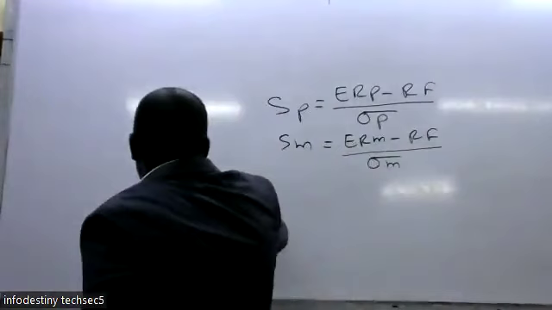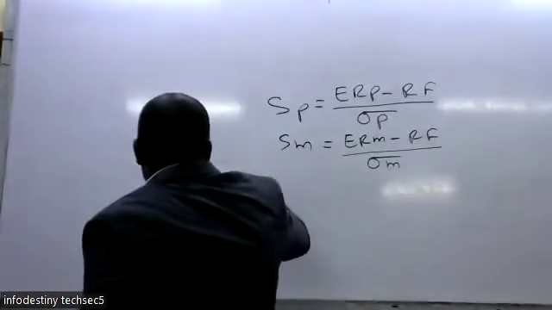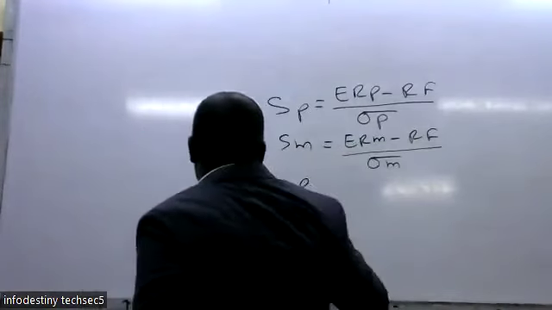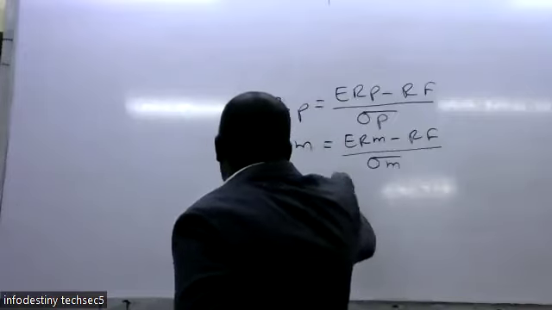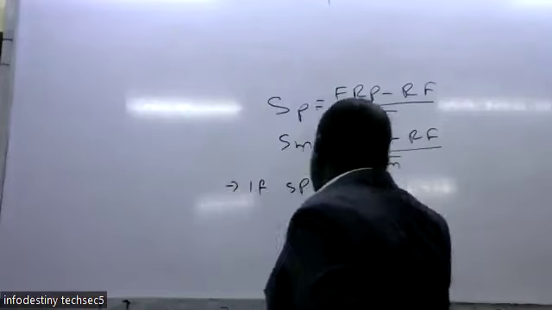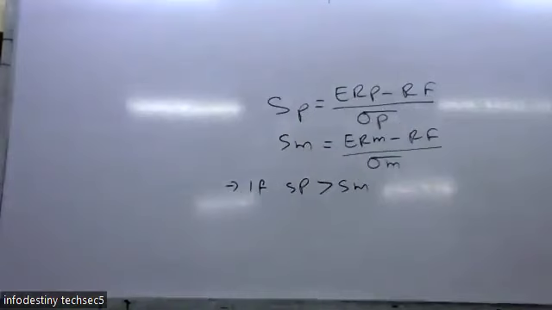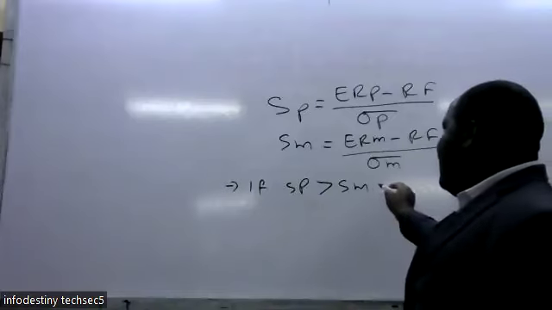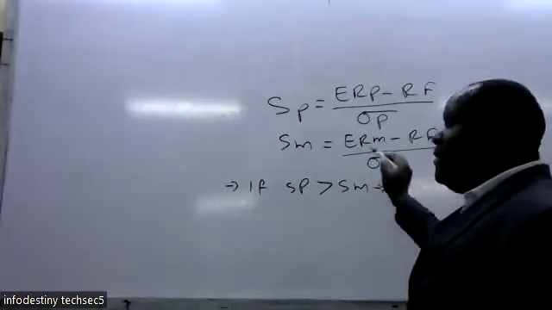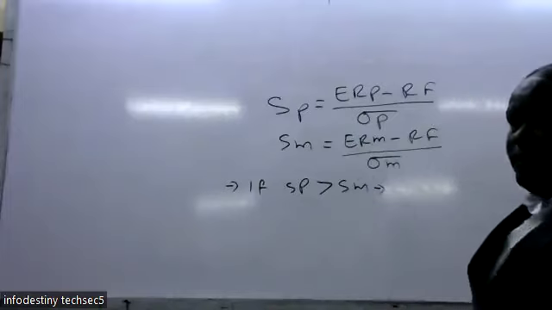So the first dash, we say that if the Sharpe of the portfolio is greater than the Sharpe of the market, then it indicates superior performance.